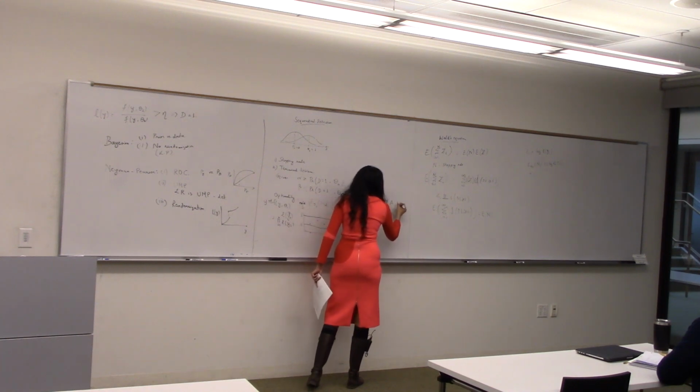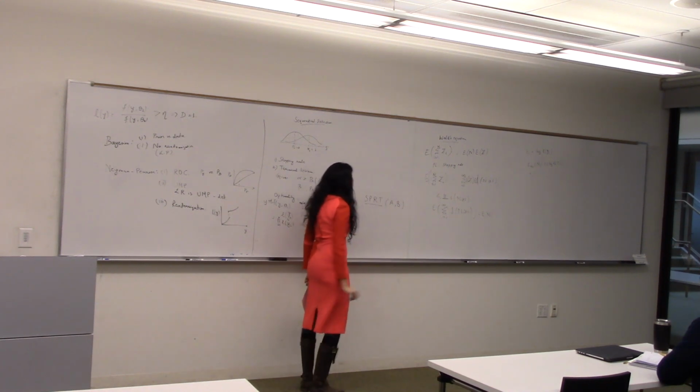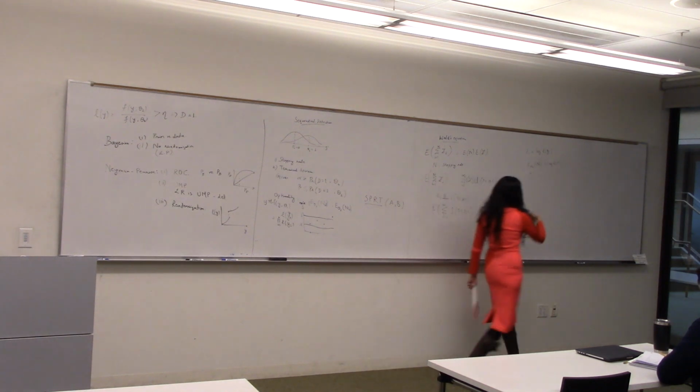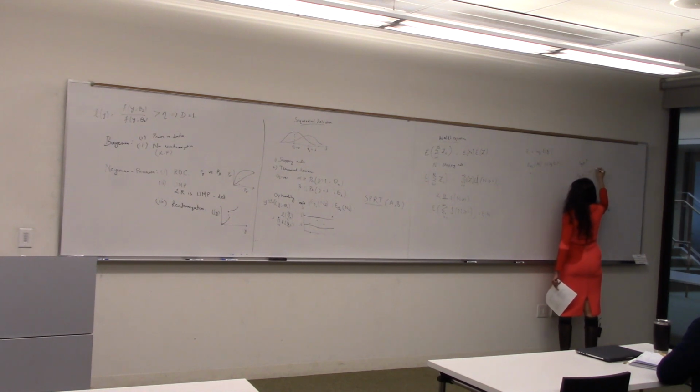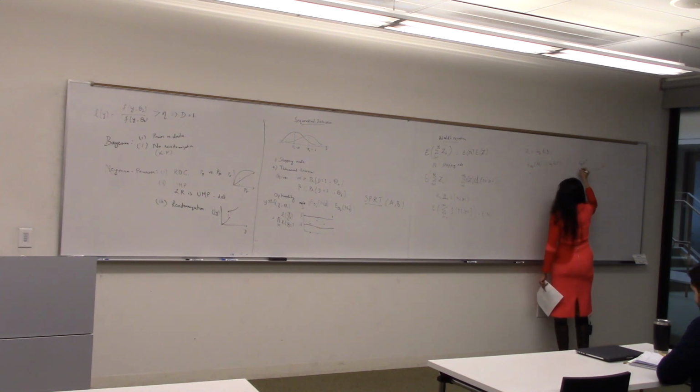So I have this SPRT with thresholds A and B. If I convert all that under the log transformation, it would now be log A and log B, again these two thresholds. And my distribution is now the log likelihood over my set of samples.